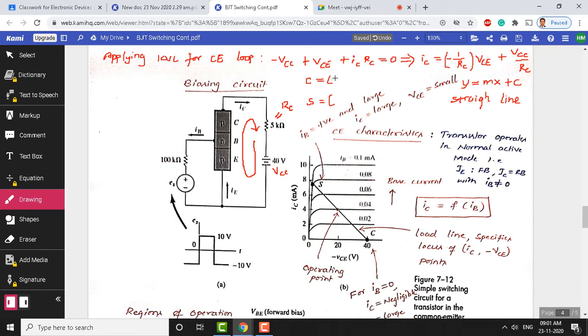So the coordinate for this point is x, which is VCC, that is the VCE value, and the y parameter is 0. Did you understand this? This is x comma y. So there is an x component here, 40 volts, VCC. There is no y component here, right? Y is 0, you are on the x axis.